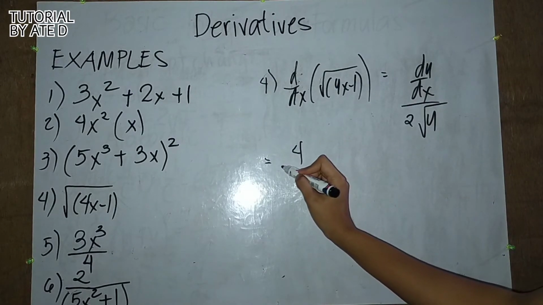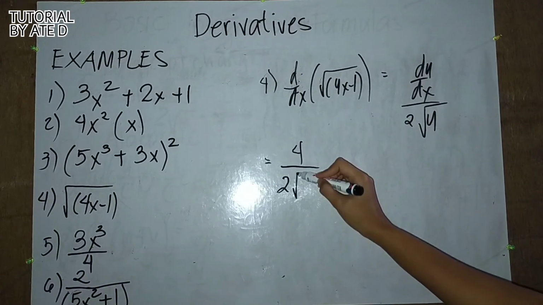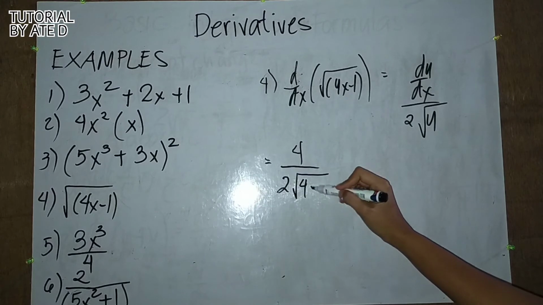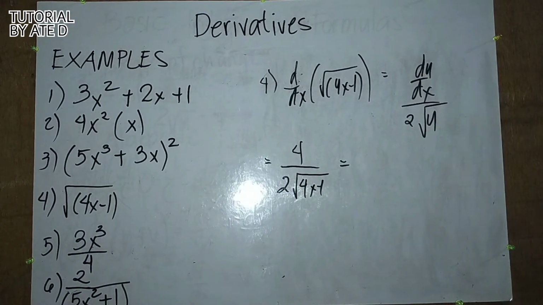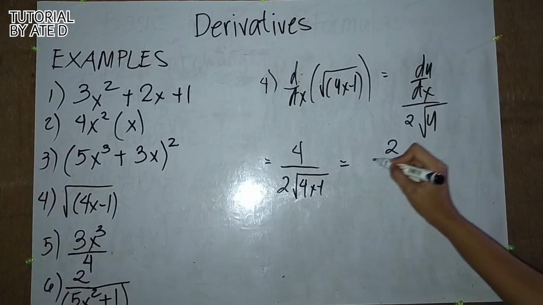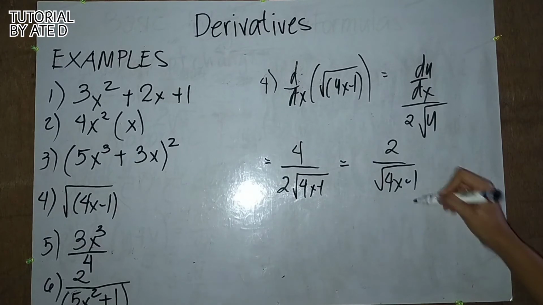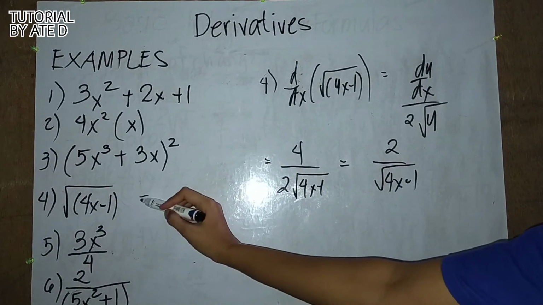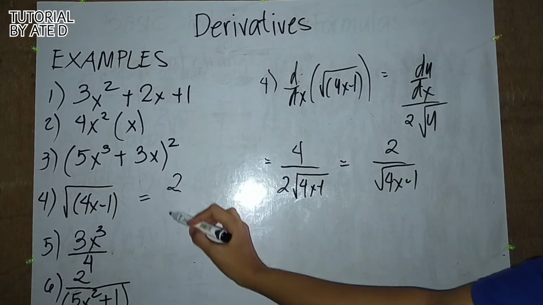Tapos, divide sa 2 multiplied by the square root of the inner function, 4x minus 1. So, kung i-simplify pa natin, ito ay magiging 2 over the square root of 4x minus 1. So, ilalagay lang natin dito para ma-compare natin sa susunod na paraan.